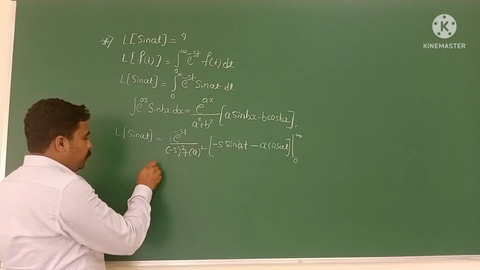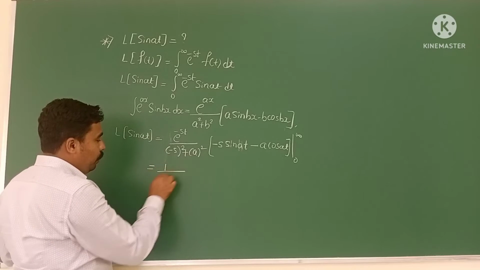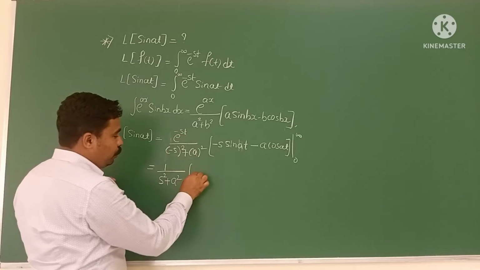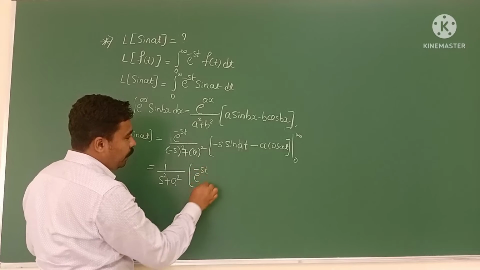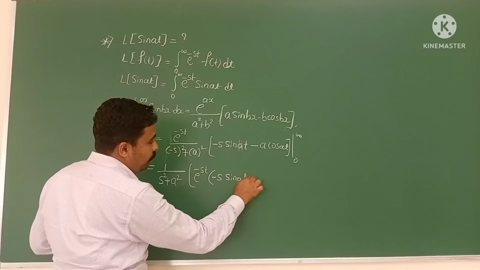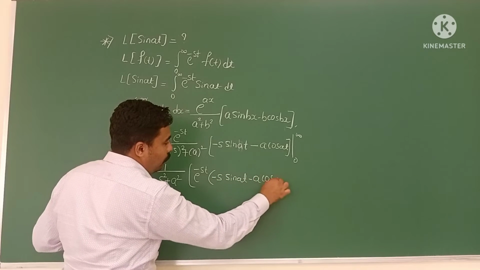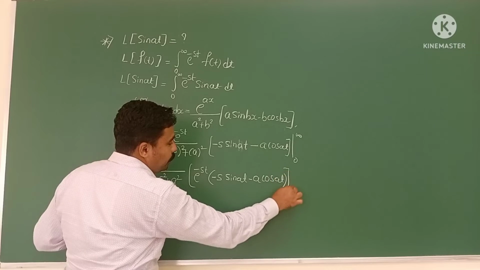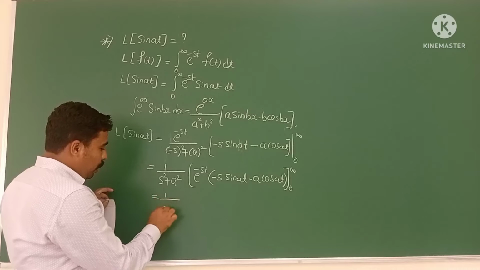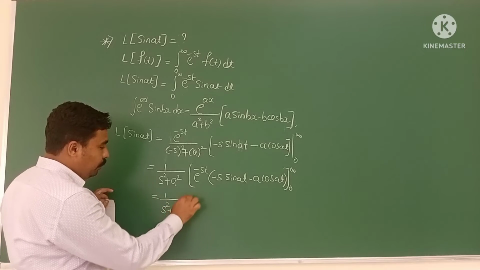Taking the constant term outside, that is 1 divided by s square plus a square, the remaining term is e power minus st into minus s sin at minus a cos at, between 0 and infinity.